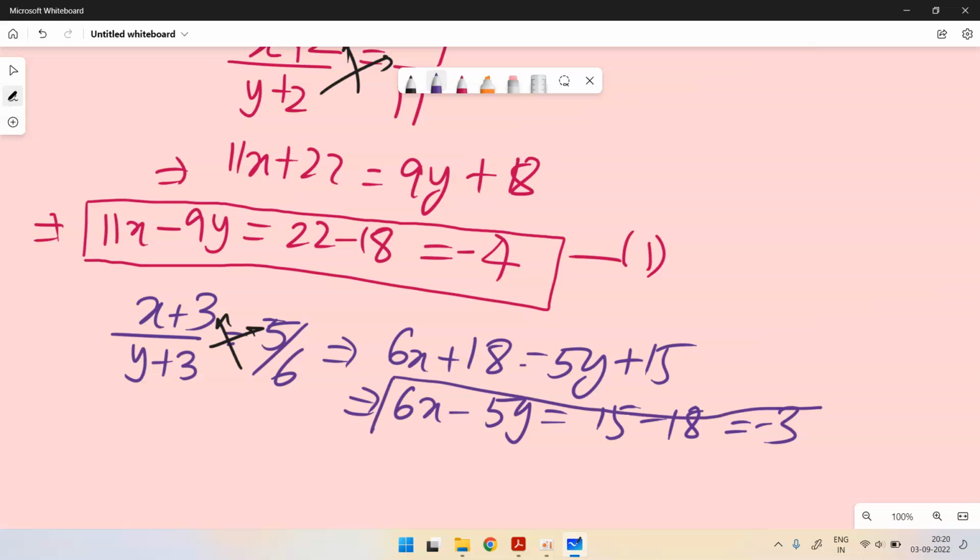This is equation number 2. Now substitute the value of x from one equation into the other equation, then calculate the value of y, and put the value of y back to get the value of both x and y. Solve this and you will get the answer.